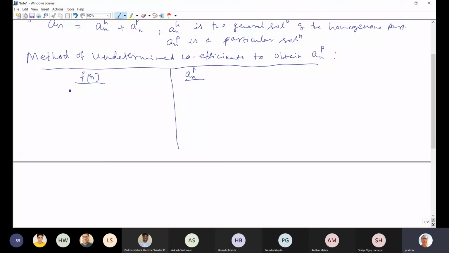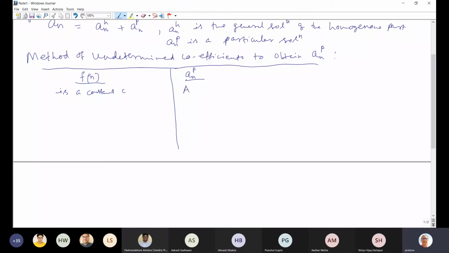Suppose f(n) is a constant, say c. Then for a_n^(p), we shall select not necessarily the same constant c.